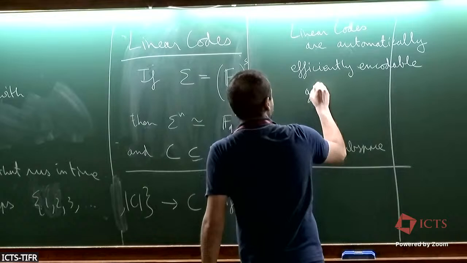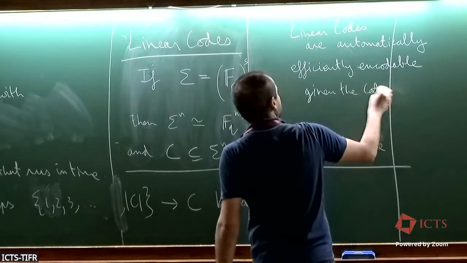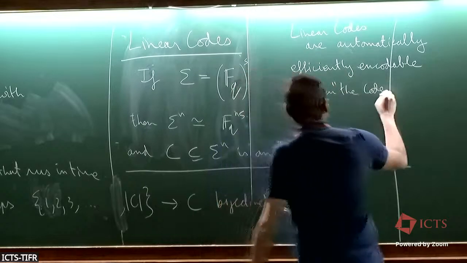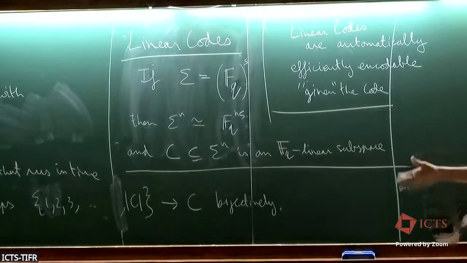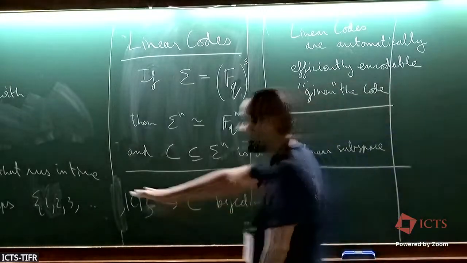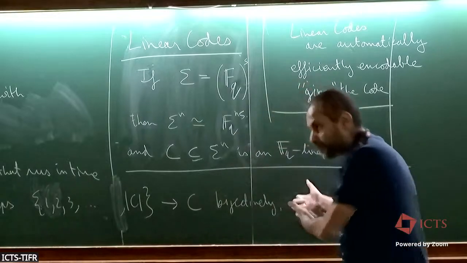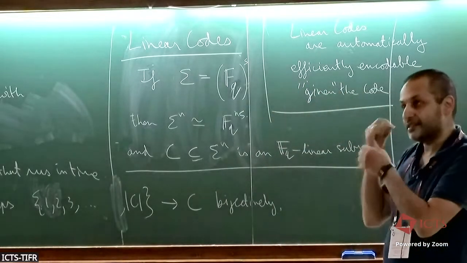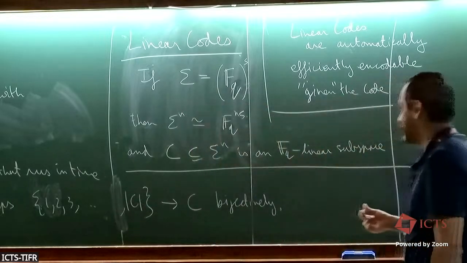Given the code, whatever given means. I mean, even if the code was specified to you as a big subset, you can then find a basis for it. The basis is now a compactly represented string of length poly n log sigma, and from that information you can have an efficient bijective map like this.